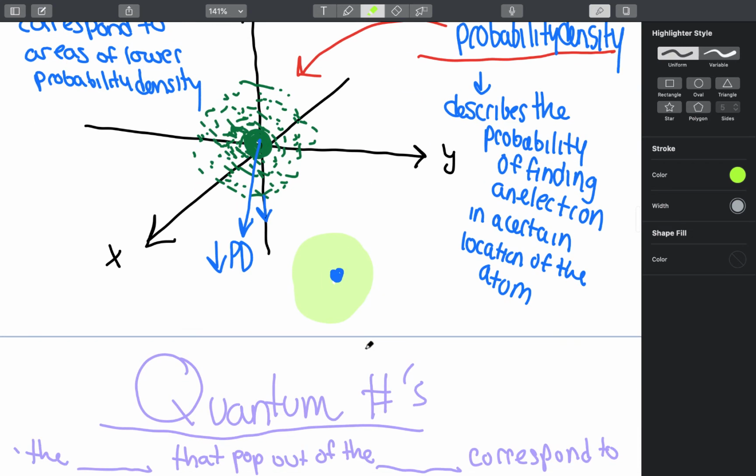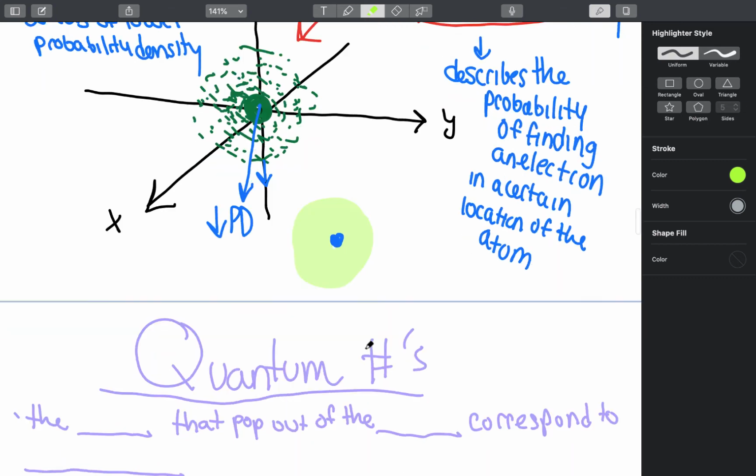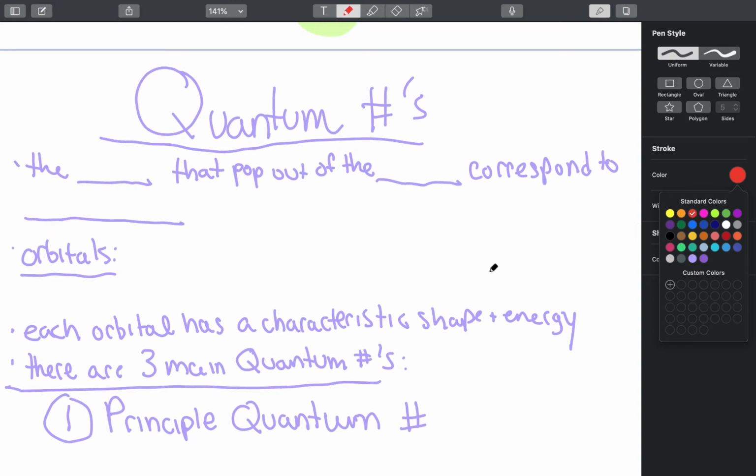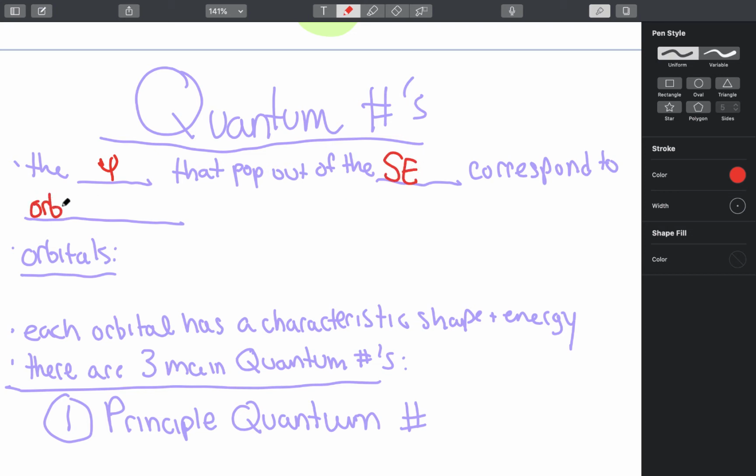So now that we have a basic idea of the Schrödinger equation, let's talk about quantum numbers. Let's use red. The wave functions that pop out of the Schrödinger equation correspond to particular orbitals. So what is an orbital?